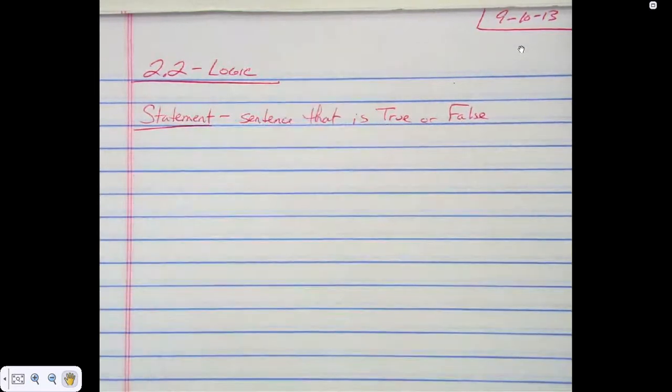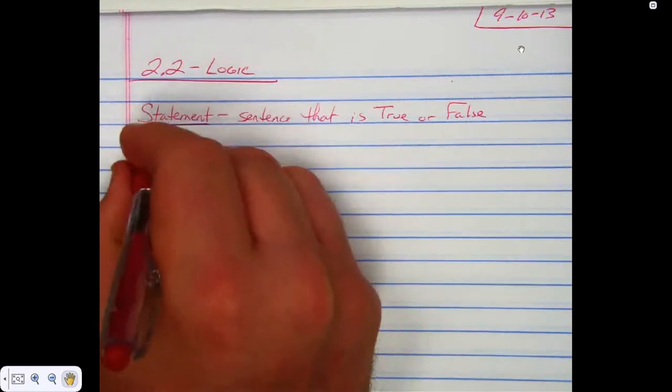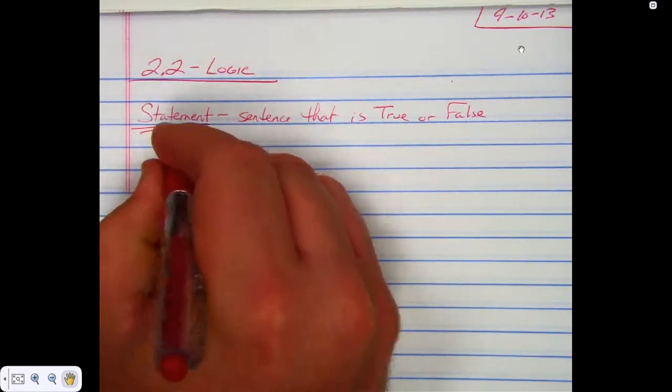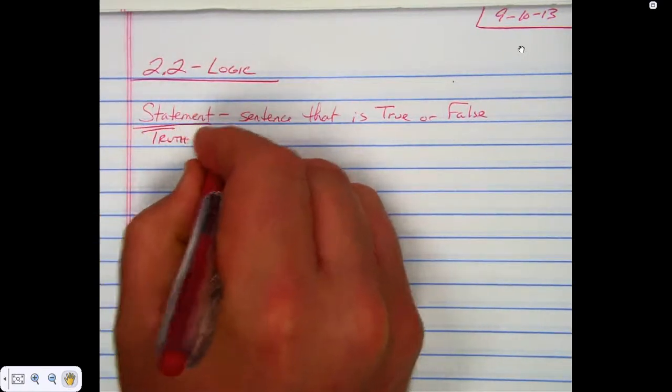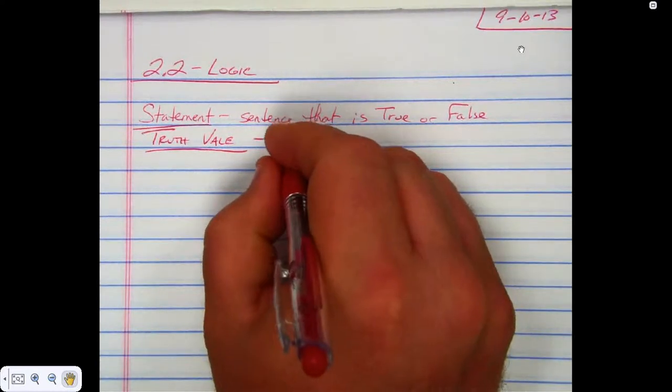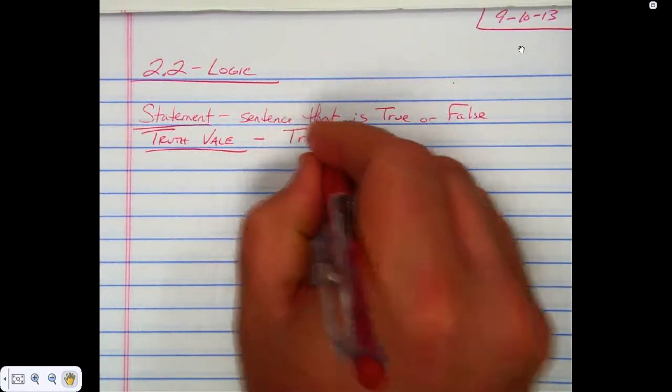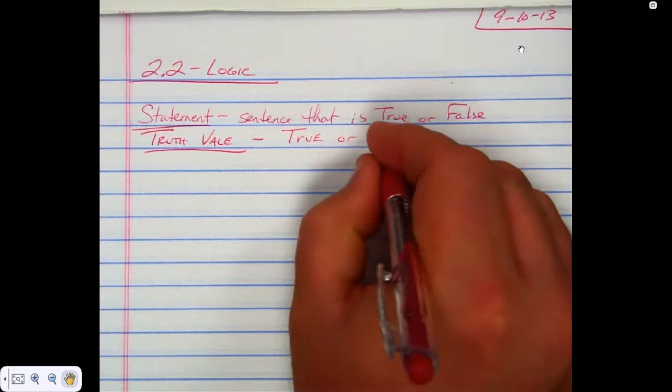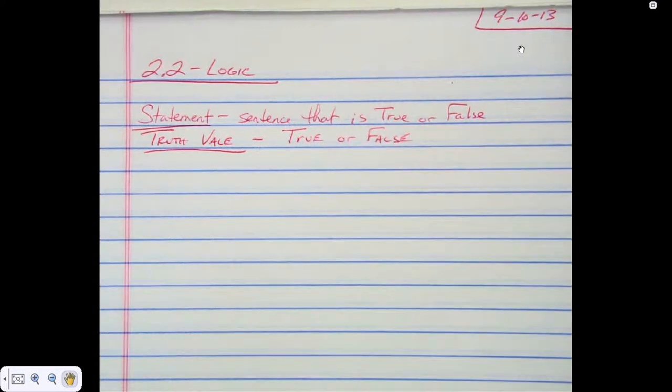Pretty easy. Truth value. Basically whether the statement is true or what? False. That's what the truth value is.